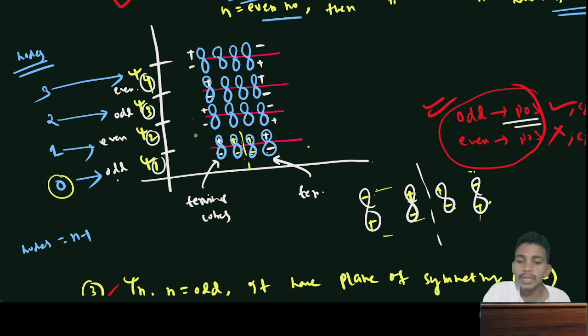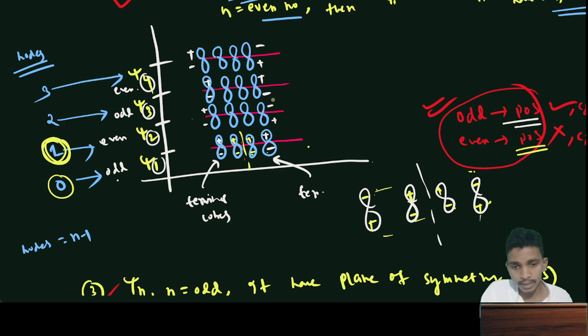Similarly, if you move to psi 2, here the node is 1, so we will make one node. And even means the terminal lobes have different signs. Now we have to make one node, and if even then the plane of symmetry is absent. So here positive, then negative.